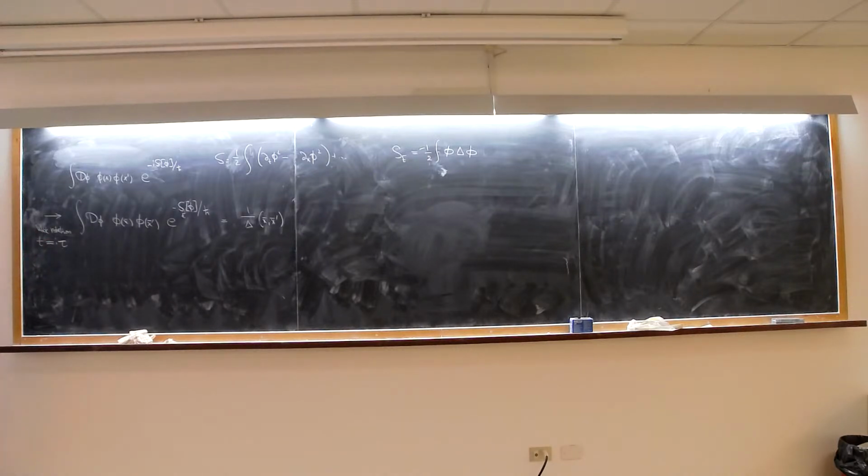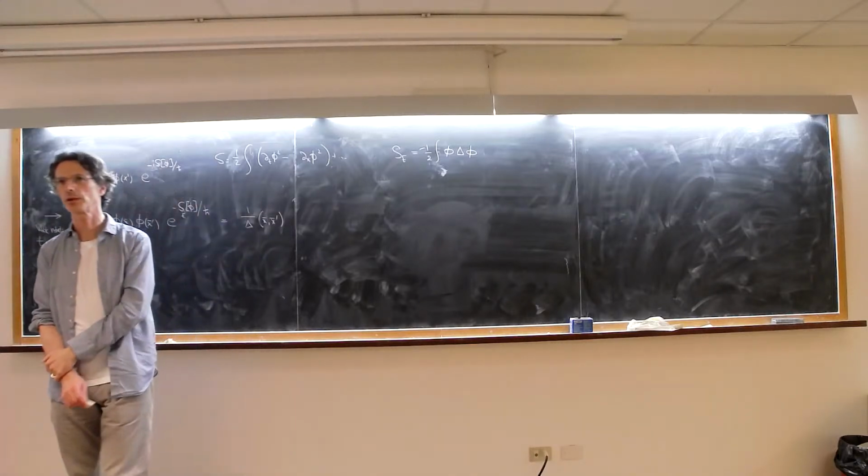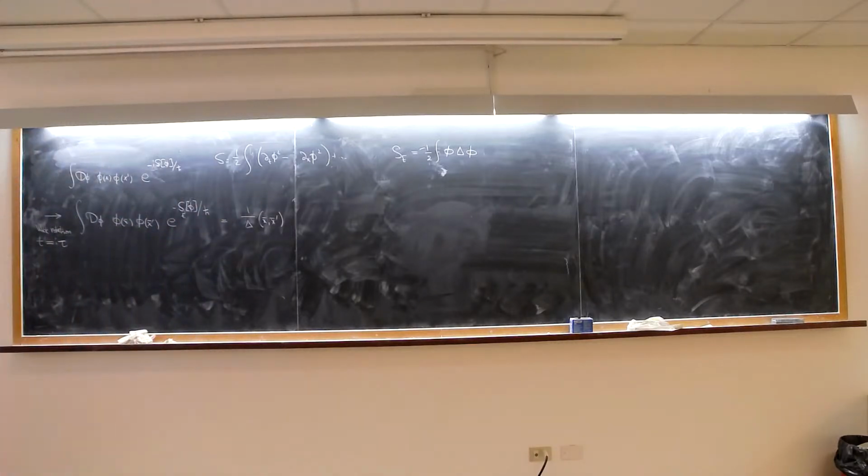In Minkowski space it works because you go from Minkowski space to Euclidean space, and from Schwarzschild you go to Euclidean Schwarzschild, which is a nice Riemannian manifold if you identify t and tau periodically in an appropriate way. But in a general Lorentzian manifold, you just get garbage, some complex metric.